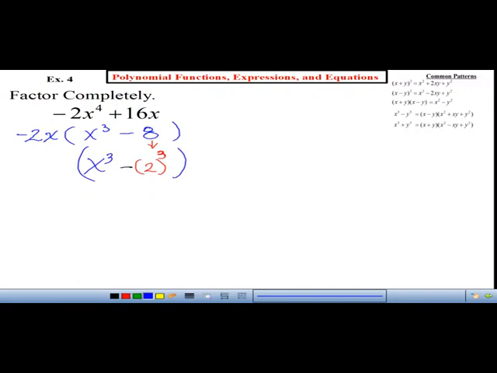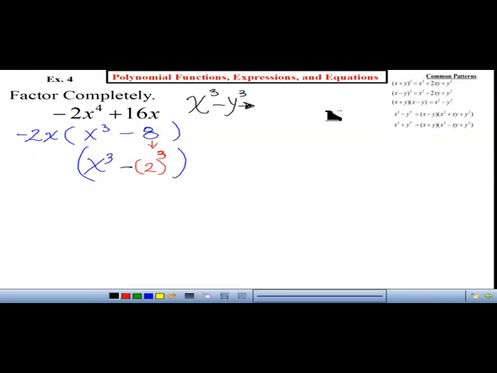All right. So at this point, look up, guys. We're almost done. At this point, you should be able to look at your 2 identities and see which one applies. One of the identities that looks like this is x cubed minus y cubed. Does this look kind of like this? Yes. So what would be the pattern to follow?